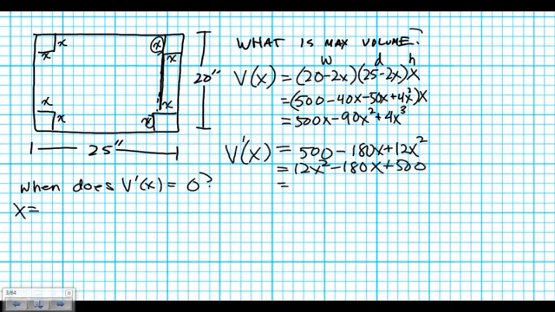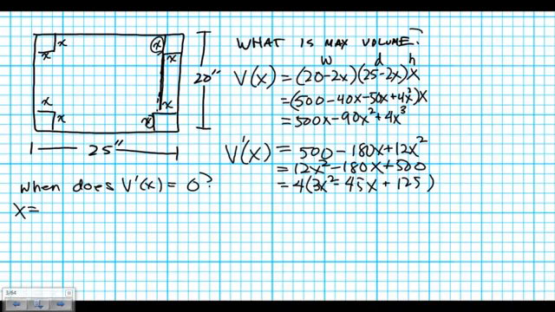Can we take a 2 out of there? Can we take a 4 out? Yeah. So let's take a 4 out. 4 times 3x squared minus 45x plus 125, I think. Double check my work, please. Yes. I like it. All right, and there's no 3's there, so we can't go anywhere.